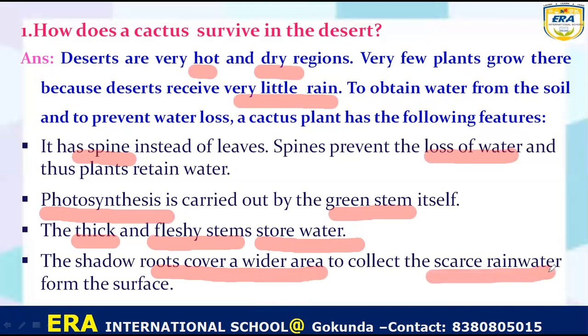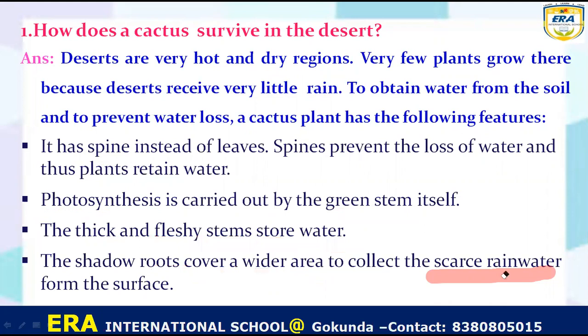The roots cover a wider area to get the water. So these are the features a desert plant has to survive. Cactus is a desert plant, so cactus also has the same features, so it can survive in the desert area.